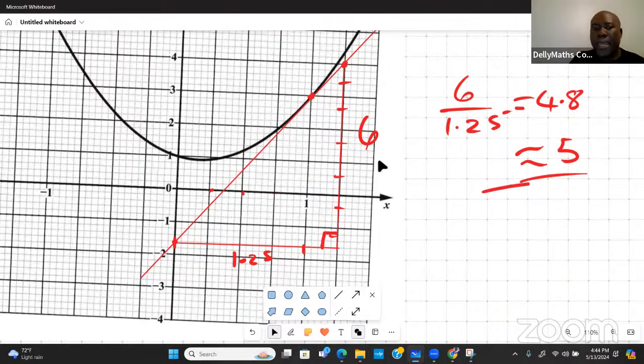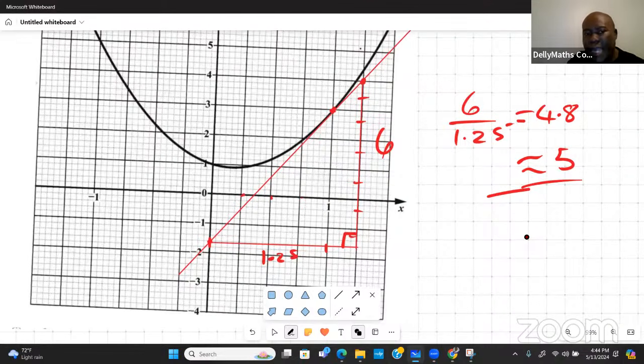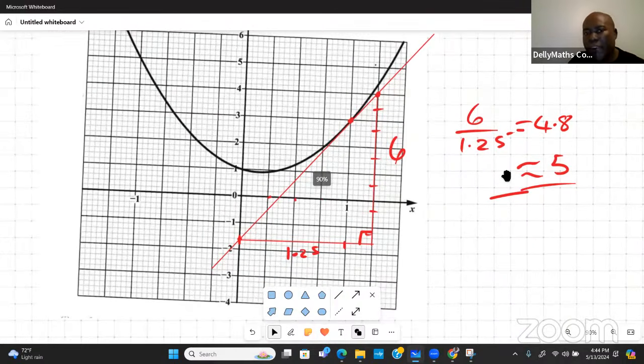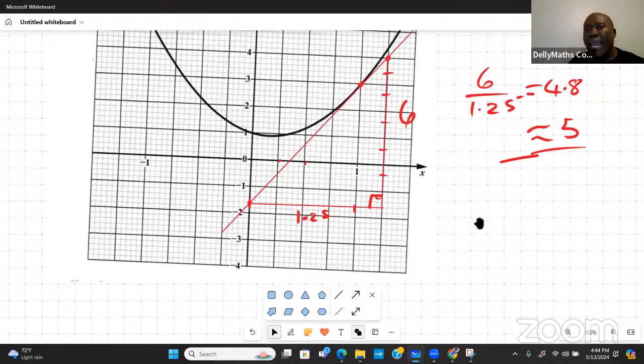There are diverse ways to pick these up, but I utilized a nice aspect of it. They did say an estimate, so I'm estimating 4.8, which is about 5. What I did was pick off 2 points, make a triangle, and from that do rise over run.